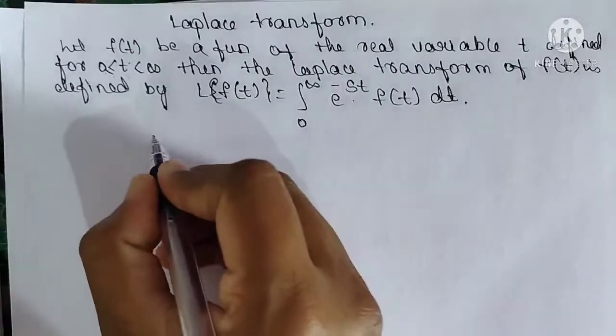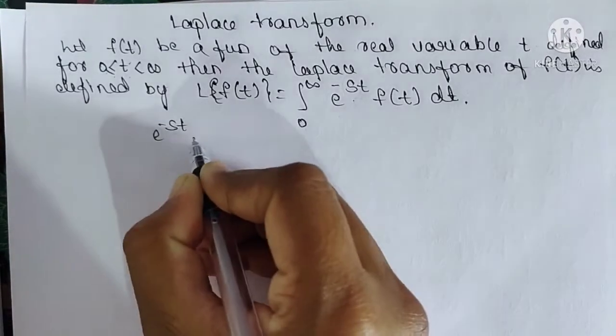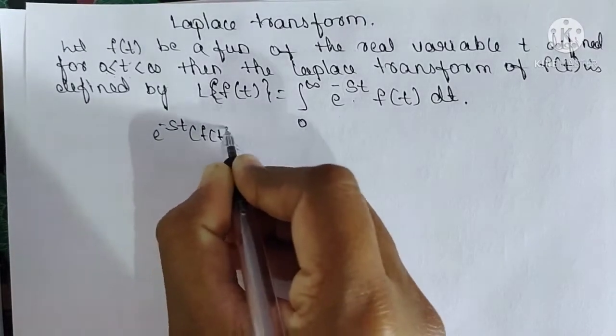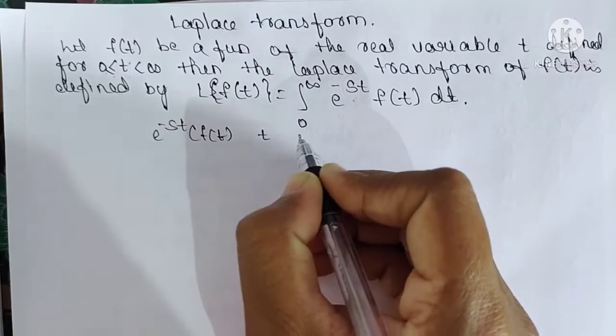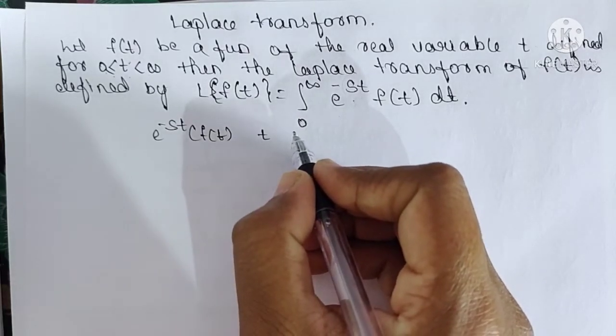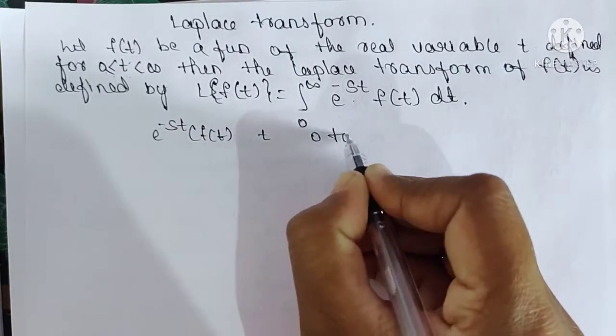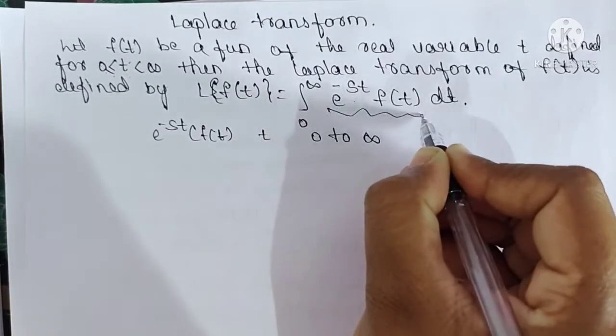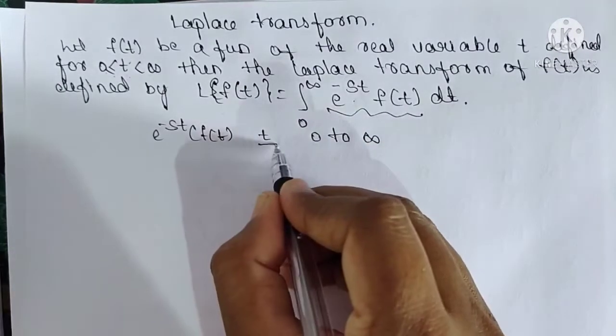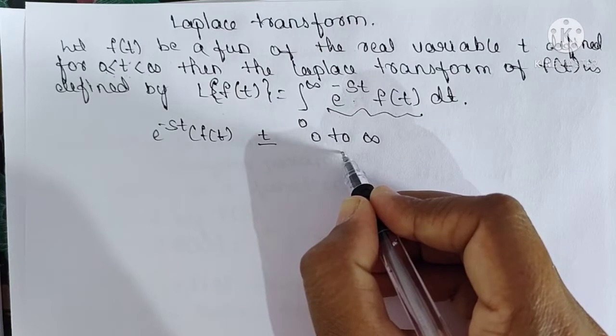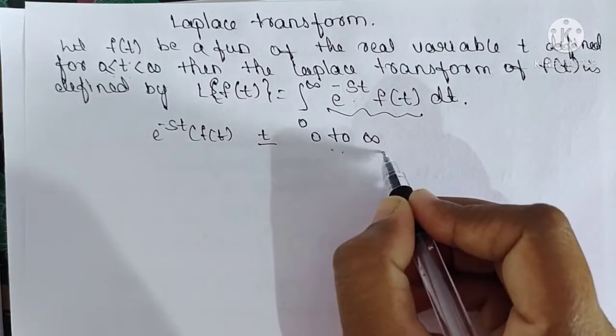Here e to the power of minus st into f of t is integrated with respect to t and evaluated between 0 to infinity.